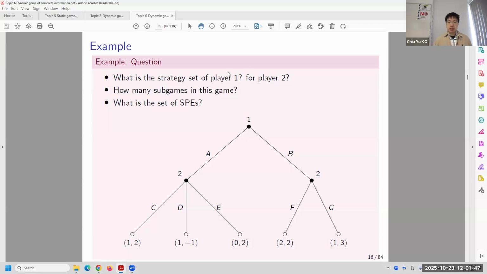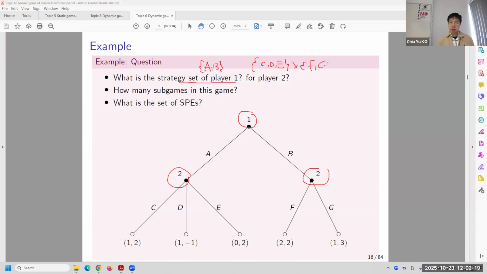So player 1 strategy set is very simple. You only have A and B. Player 2 is more complicated. Player 2 has two positions, so it will be C, D, E times F and G. Why?